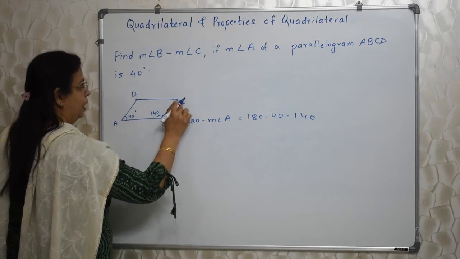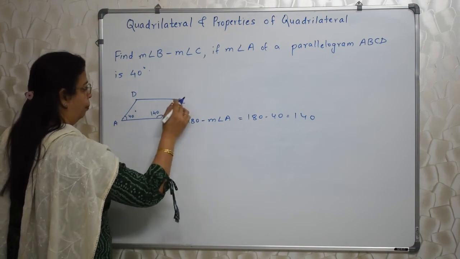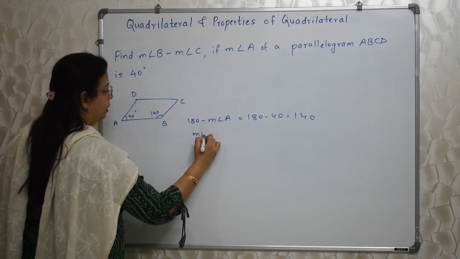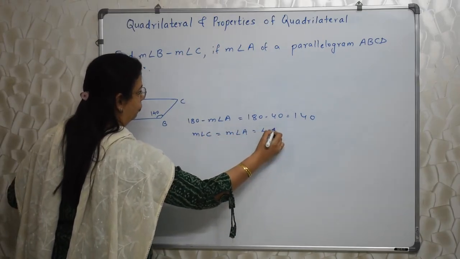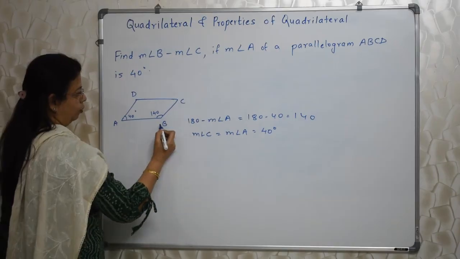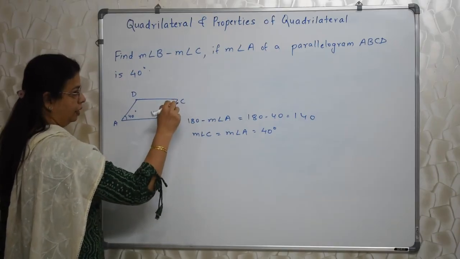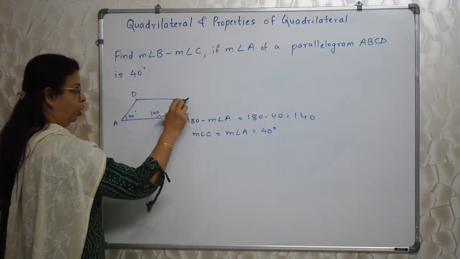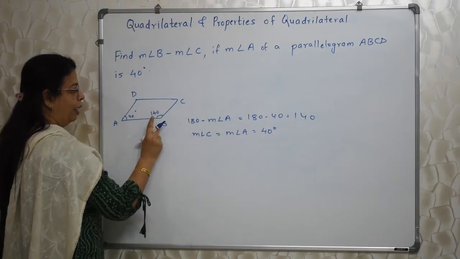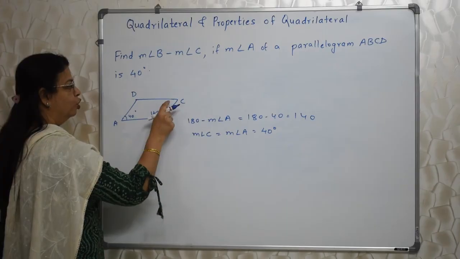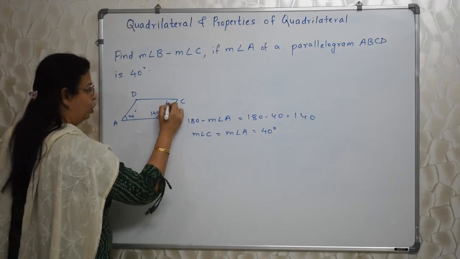A and C are congruent because they are opposite. So measure angle C will be equal to measure angle A, that is 40. See, we can go as per this also. Measure angle B and C are again adjacent, so they also will add up to 180. So to find measure angle C, I need to subtract this 140 from 180. So 40. Anyway, the answer won't change.